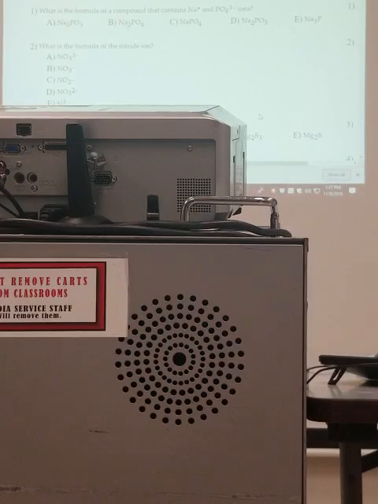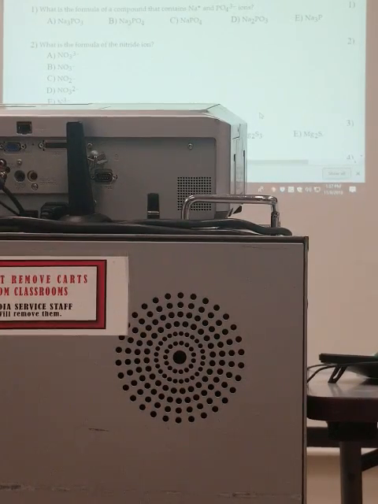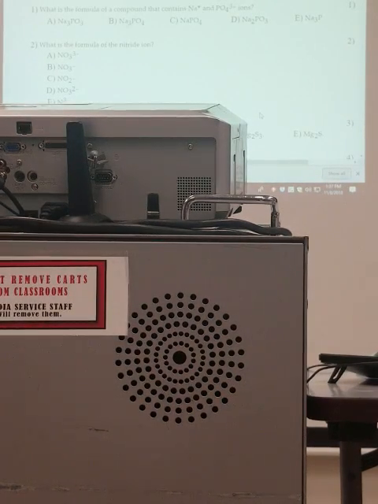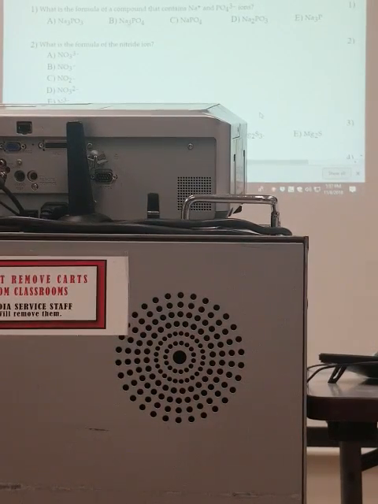Some review questions. And so, chapter 6, and then from chapter 7, 7.2, 7.1, 7.6, which is basically the mole, Avogadro's number, and molar masses.